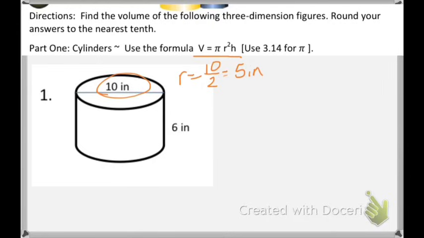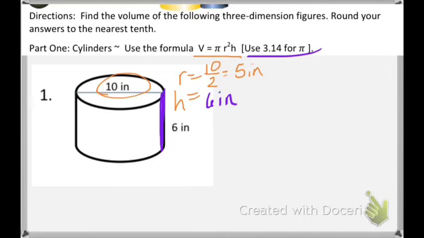Okay? So our radius is going to be 5 inches. Now, our height. That's how tall the cylinder is. Well, if we're looking at the image they gave us, this right here is our height, and it's 6 inches.